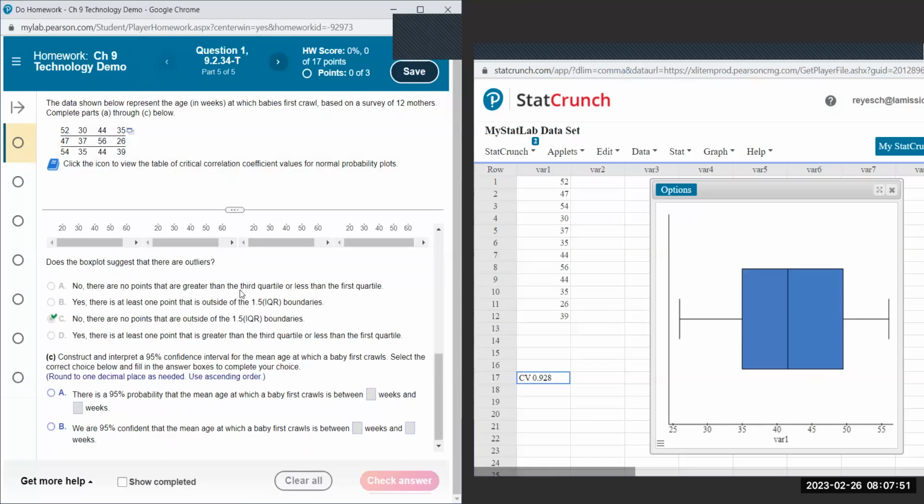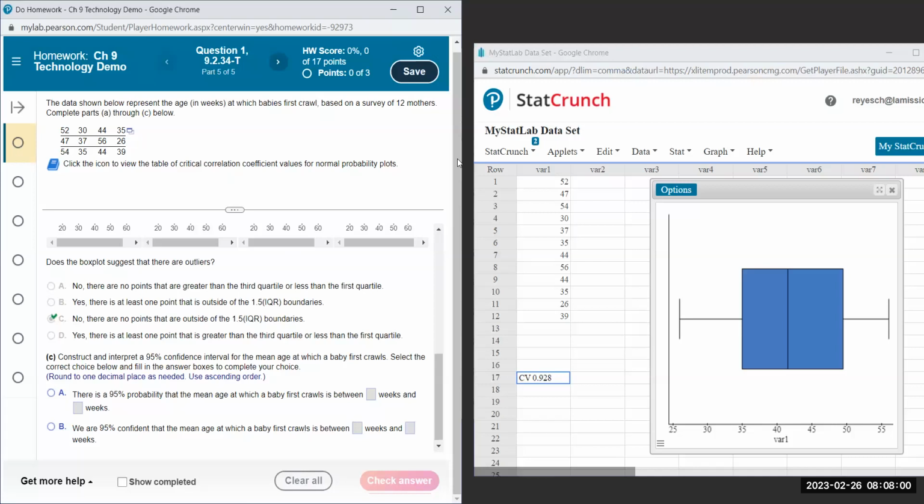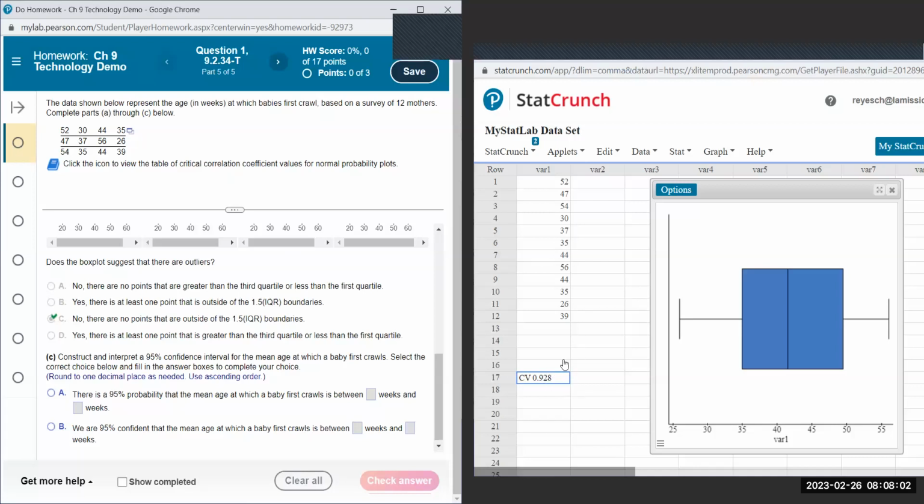Construct and interpret a 95% confidence interval for the mean age at which babies first crawl. Let me erase this because it's under the data that I'm going to be analyzing.